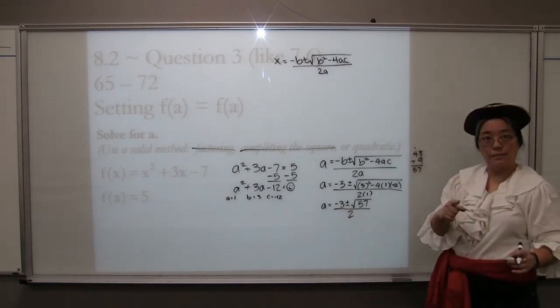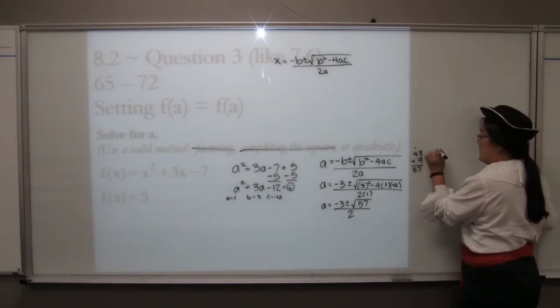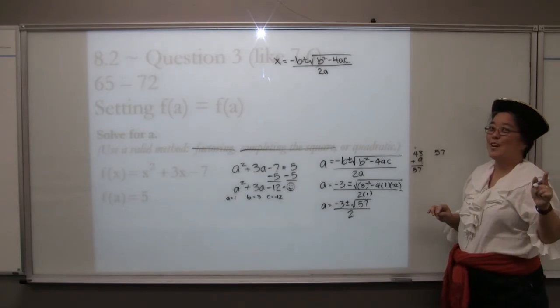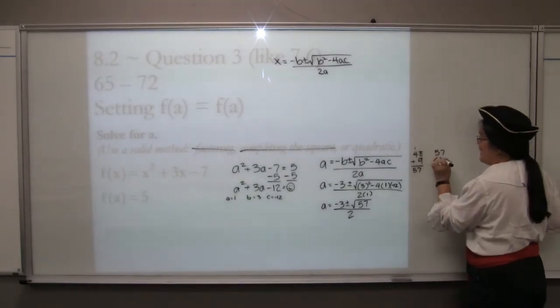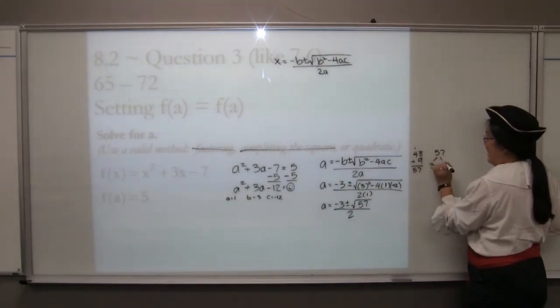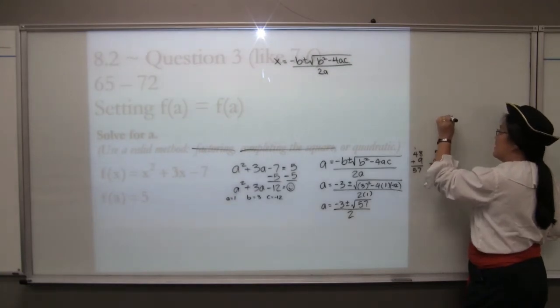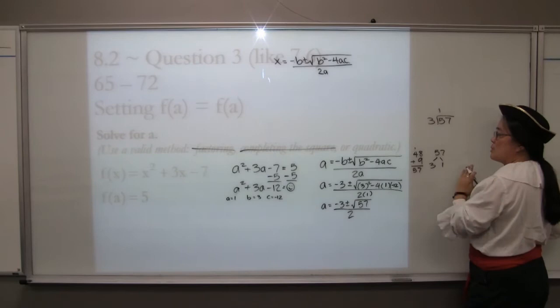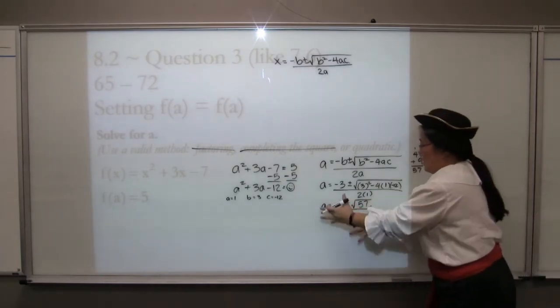57. Does 57 factor? Let's see. 5 plus 7 is 12. 12 divides by 3. 57 divides by 3. And that goes in there. Let's see. 57 divided by 3. By the way, I love seeing all this work off on the side. I just don't want it all mushed in here.